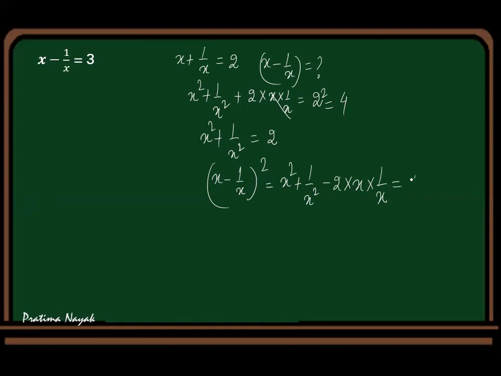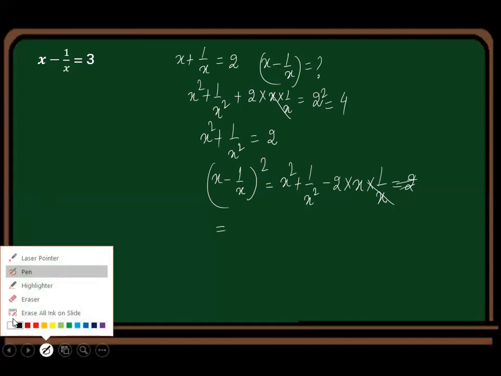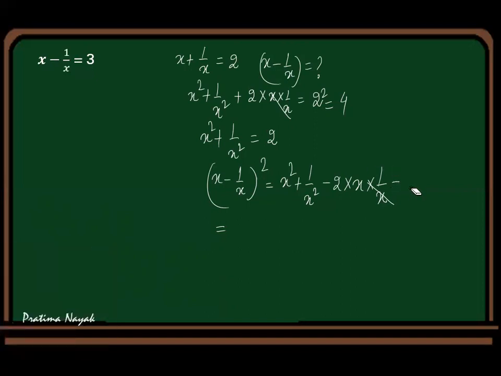So this is equal to 2. Now it will be x square plus 1 by x square is 2, I can get. 2 minus 2 is 0.